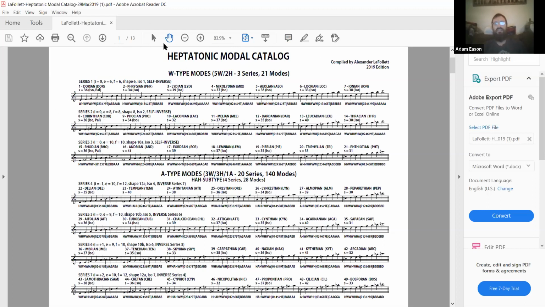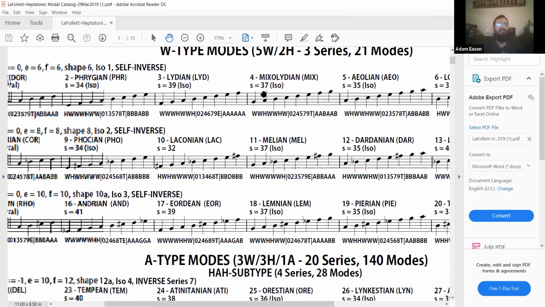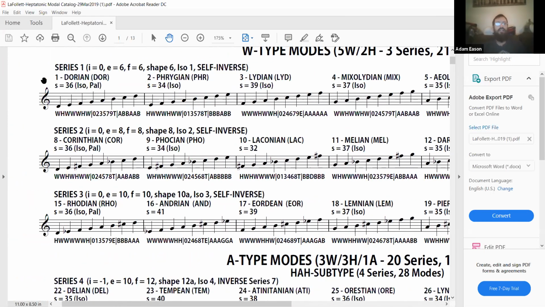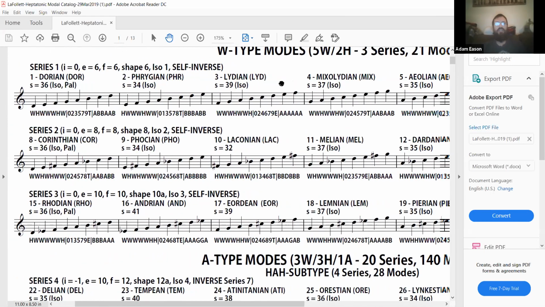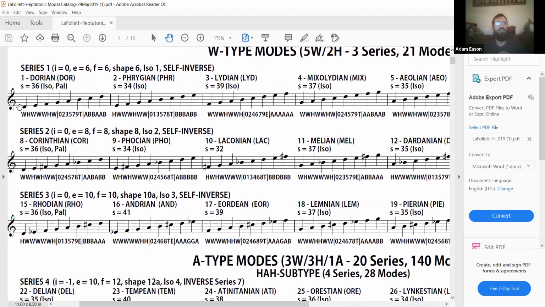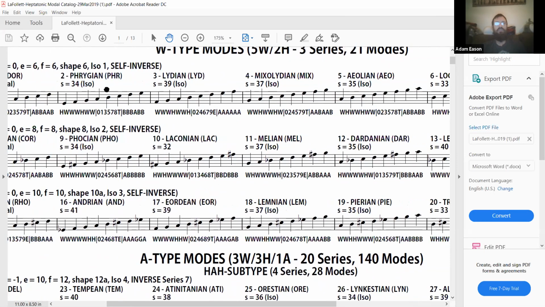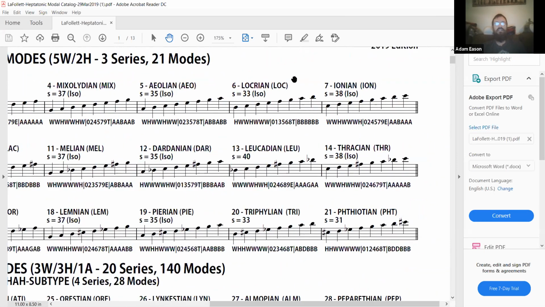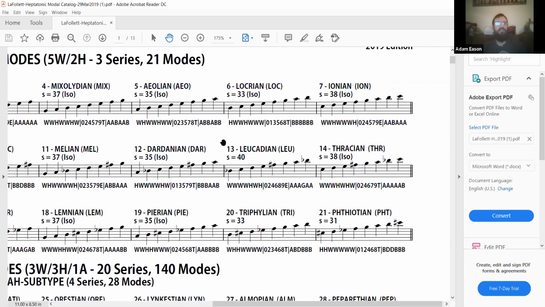And it began with trying to understand how he grouped these. So at the top, I'll zoom in a little bit. We've got the 7 modes that everybody, I'm sure, knows and loves. Dorian, Phrygian, Lydian, Mixolydian, and then over to Ionian, our major scale.